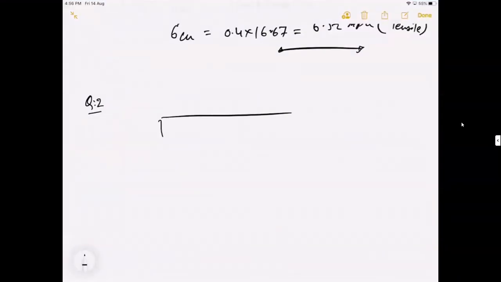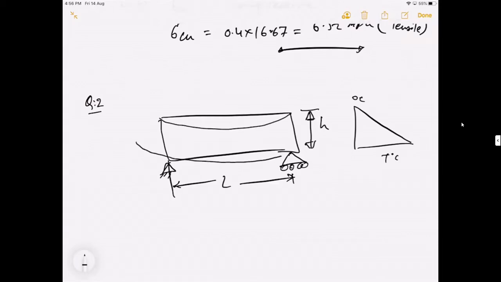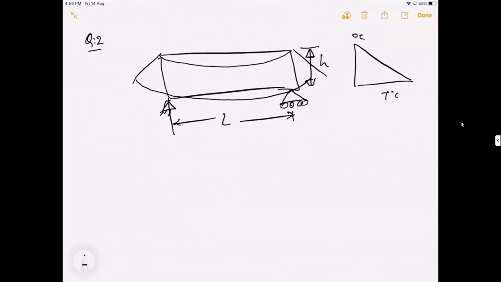This question says that there is a simply supported beam like this, whose length is L and whose depth is H. The temperature is changed from 0 degrees centigrade to T degrees centigrade, and it bends in the form of an arc of a circle like this. So the shape of my new beam will be like this.